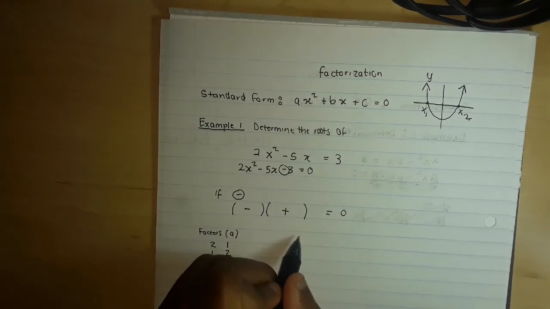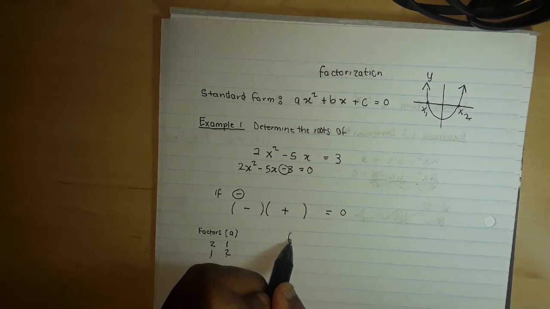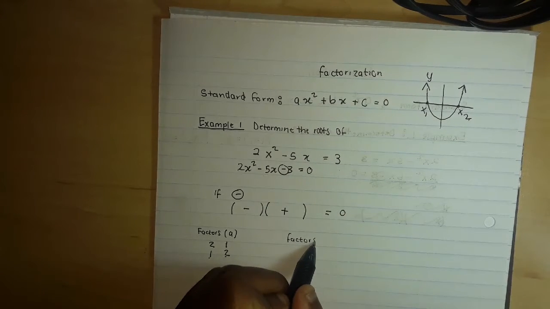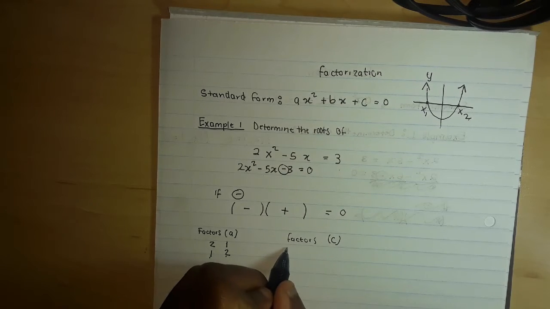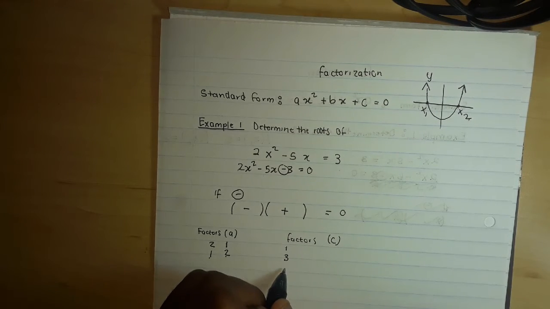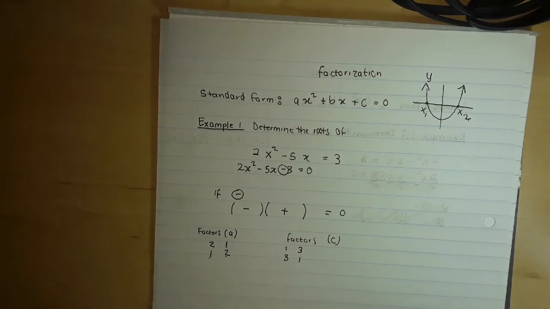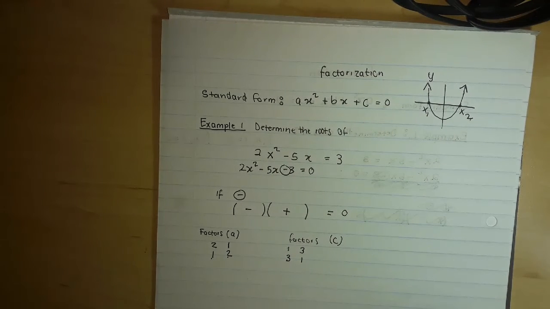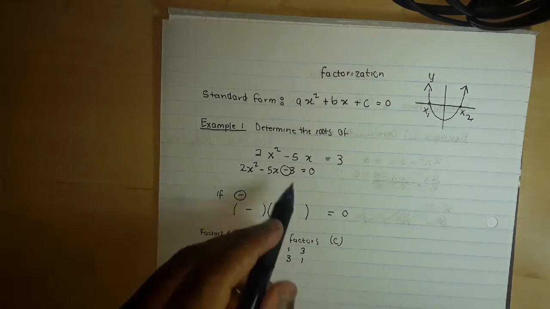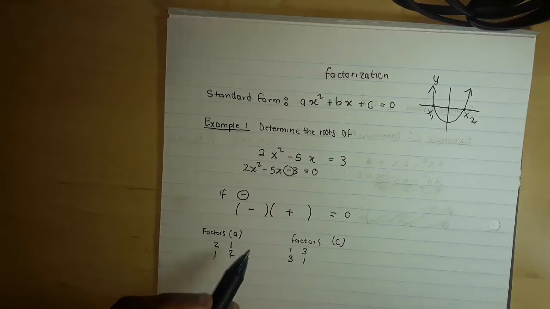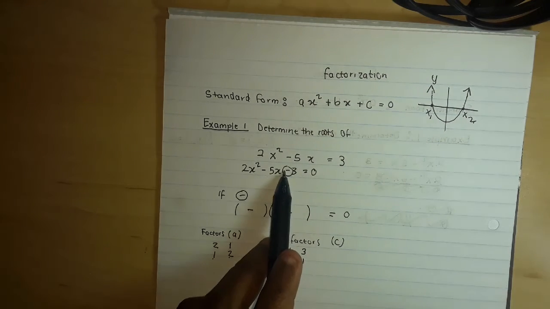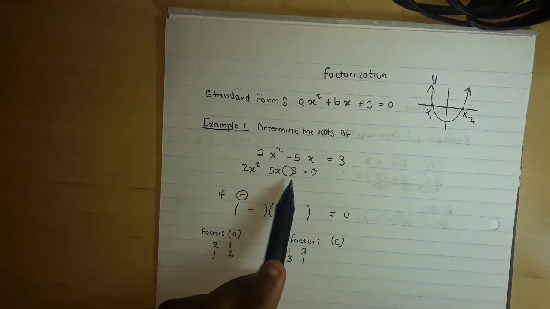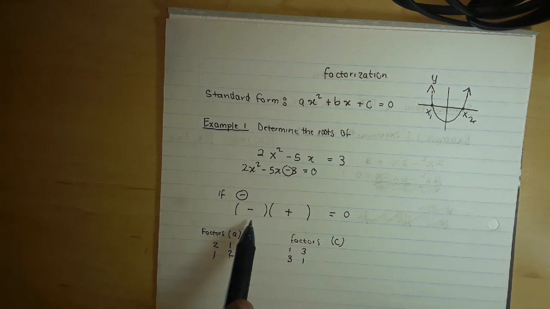Then we also need to write the factors of c. The factors of 3 are 1 and 3: 1 times 3 is 3, 3 times 1 is 3. So we've already indicated that the signs will be a negative and a plus, because the last term is negative, so this will be the bracket arrangement.